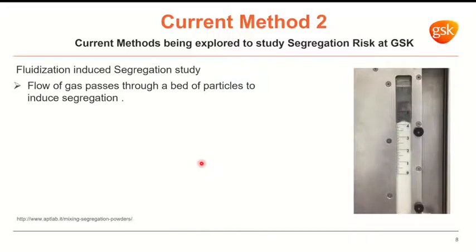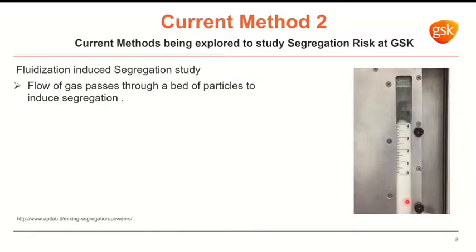Another important method to study segregation risk at GSK is the fluidization induced segregation study. In this, as you can see in this video too, air currents are actively induced from the bottom, and that airflow is going to make particles respond differently based on their characteristics, based on their mass, based on their surface area, and other characteristics.